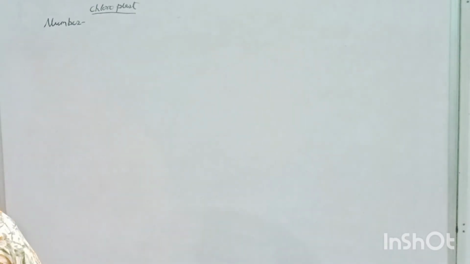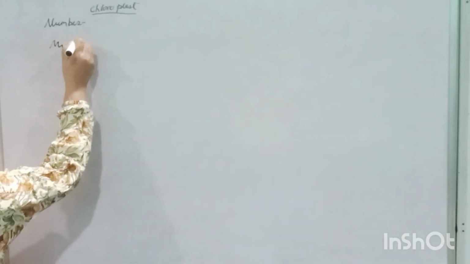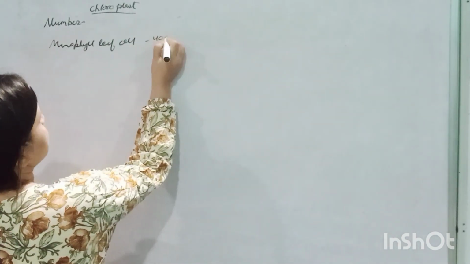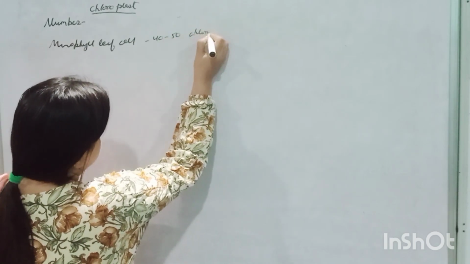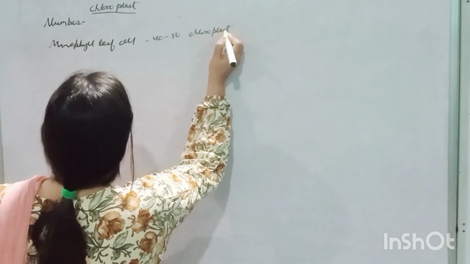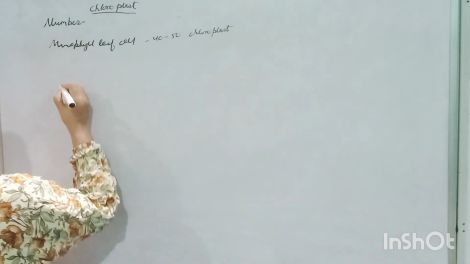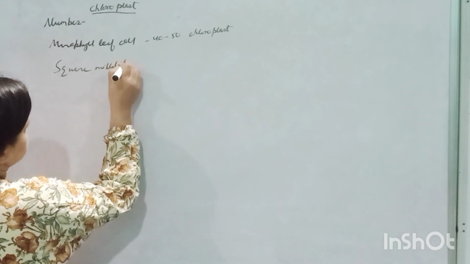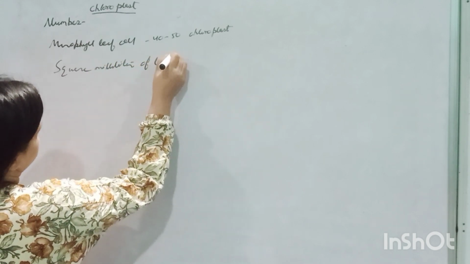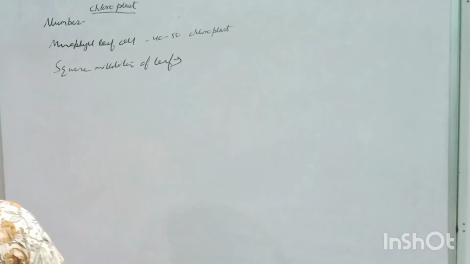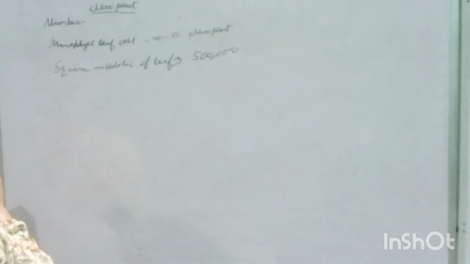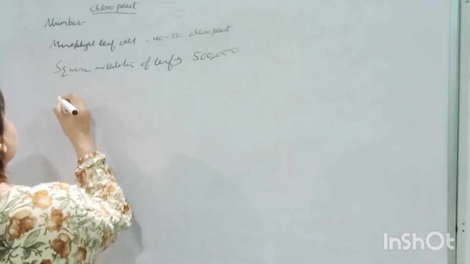So we will see a mesophyll leaf cell has 40 to 50 chloroplasts. A square millimeter of leaf contains around 500,000 chloroplasts.